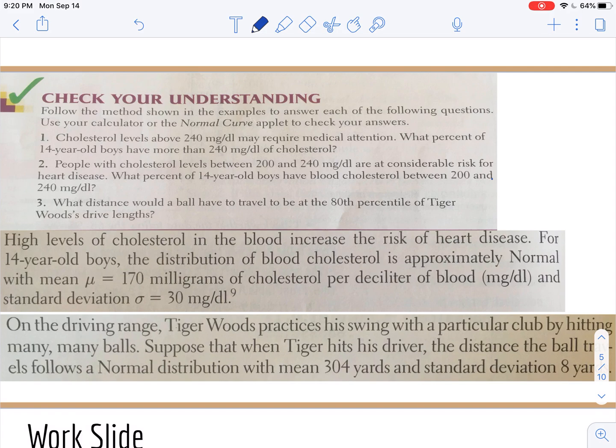We want to figure out, cholesterol levels above 240 milligrams per deciliter may require medical attention. What percent of 14-year-old boys have more than 240 milligrams per deciliter of cholesterol? Here we can see that the mean is 170 milligrams and the standard deviation is 30.